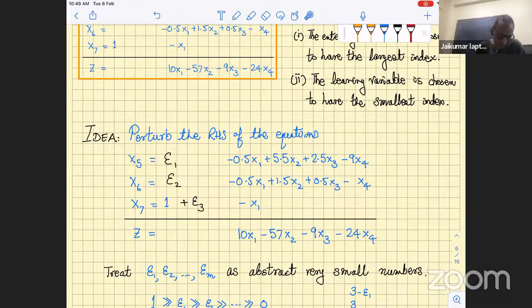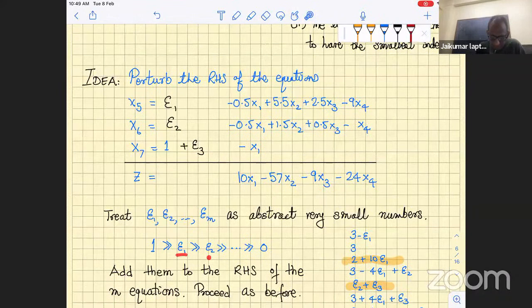It doesn't matter. You could have put epsilon1 here, epsilon2 here, and epsilon3 here, and continue to declare that epsilon1 is bigger than epsilon2, etc. They just should be distinct abstract quantities with an understanding that one of them dominates the other in this way.